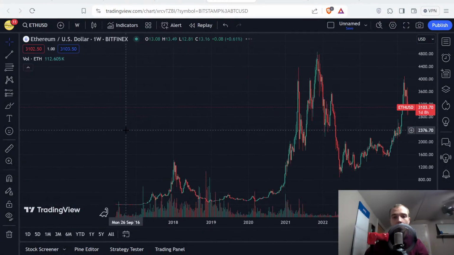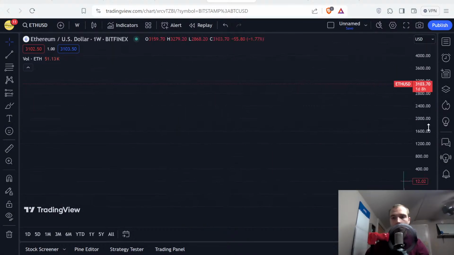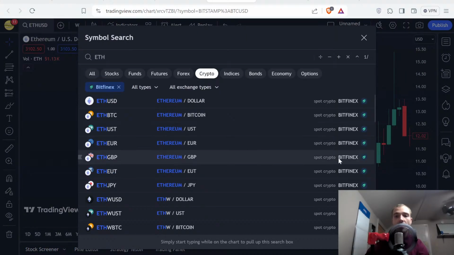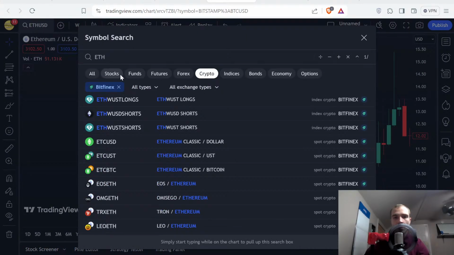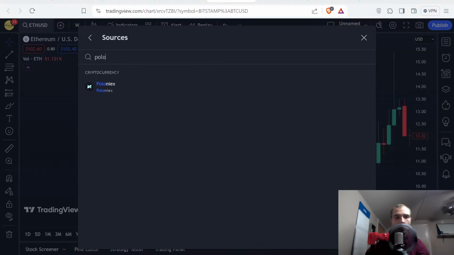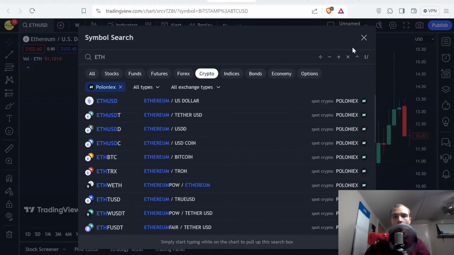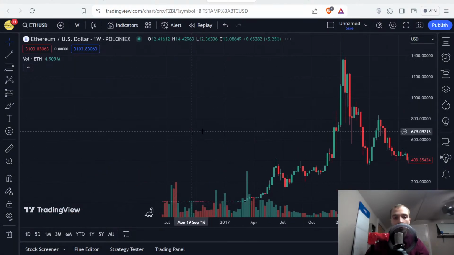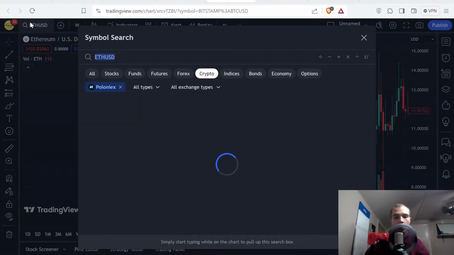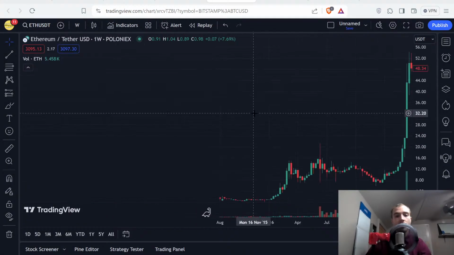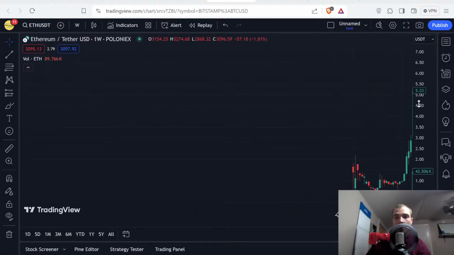Let me show you what I mean here. Let's go to Ethereum on Poloniex. So take off Poloniex, we'll go to, or Bitfinex, go to Poloniex. Now, the reason I'm looking at Ethereum on Poloniex is because it has the most historical data, because Poloniex was the first place that Ethereum was ever added.